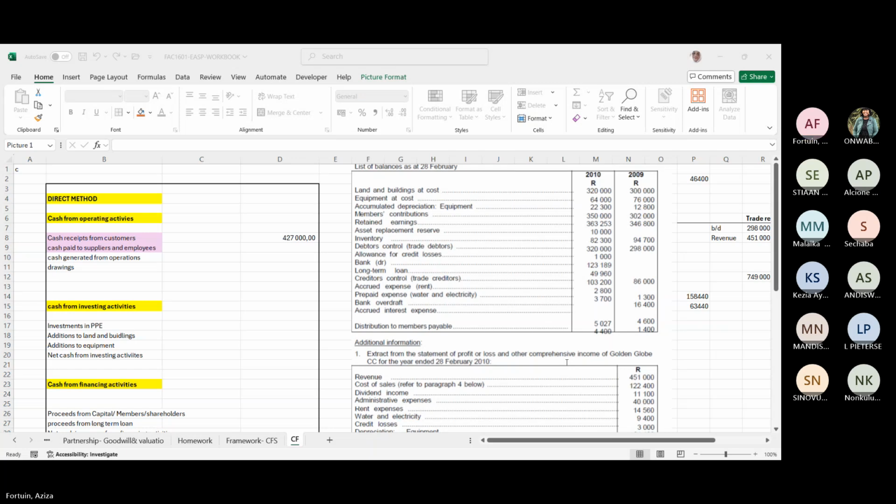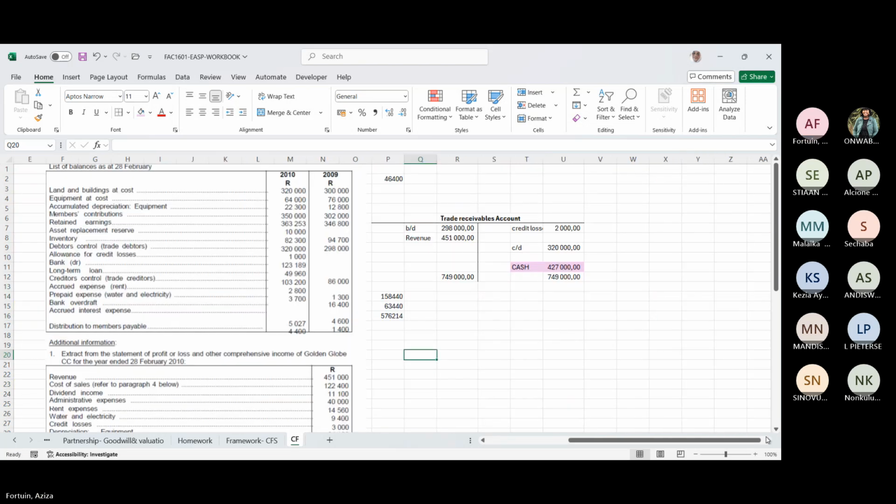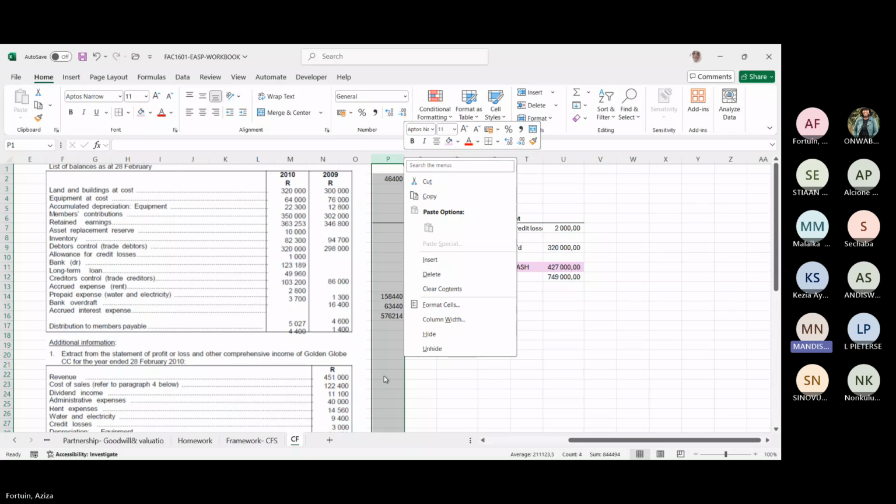So for Western Cape, I'm not sure because now I'm calculating under pressure, but I got 576,214. Why are you under pressure? Hello, you want the answer, and now I'm only finding out about the new information. So I had to restart all this.